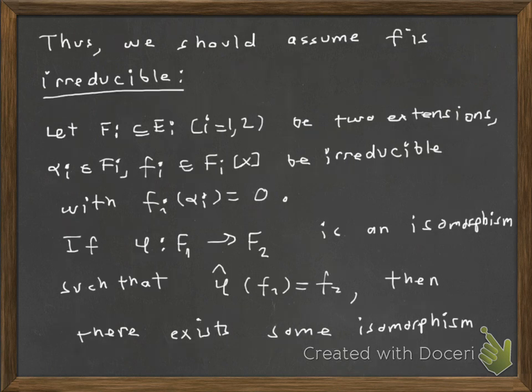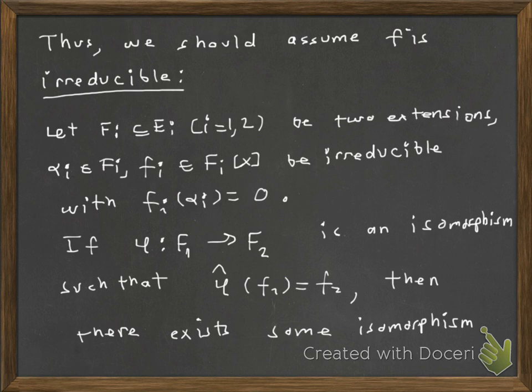We give our key result in as broad terms as possible. So we take two field extensions and elements alpha i in the overfields Ei, and two irreducible polynomials which are mapped to each other by the induced isomorphism of the two base fields.